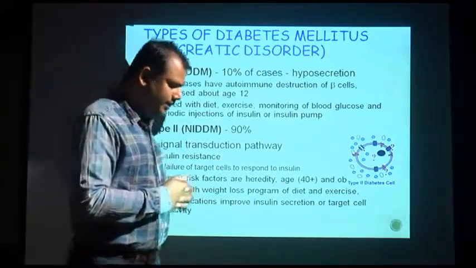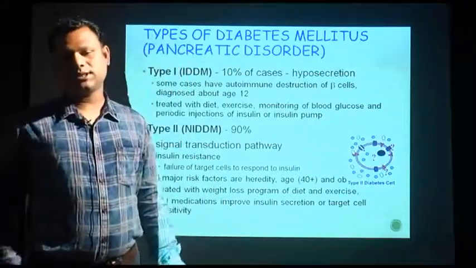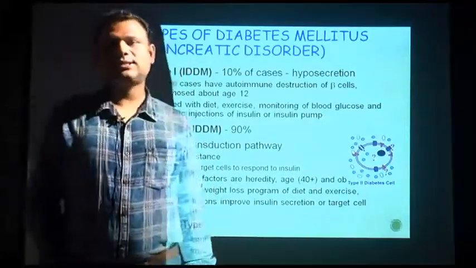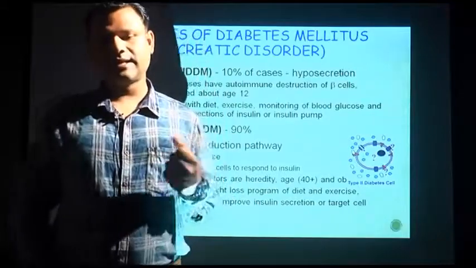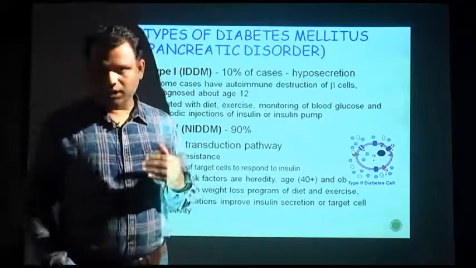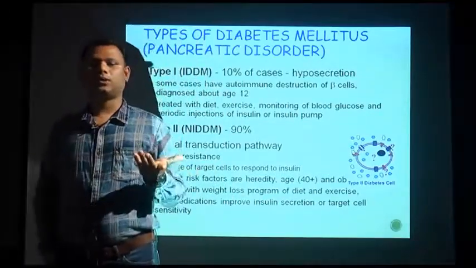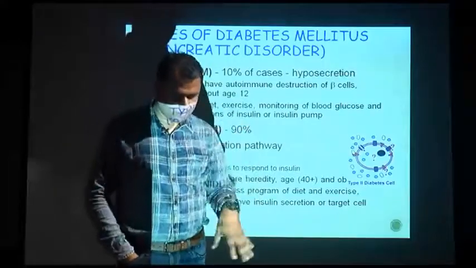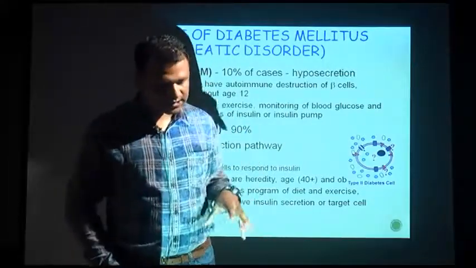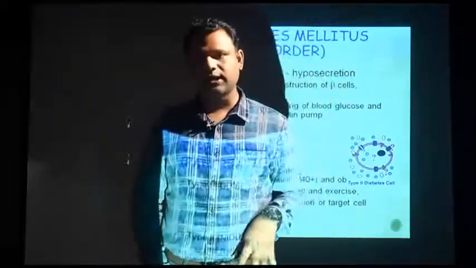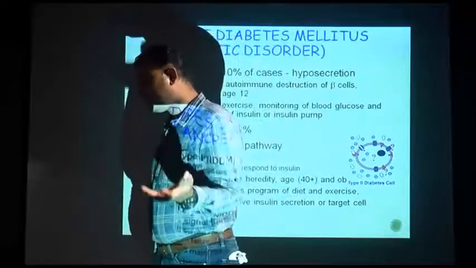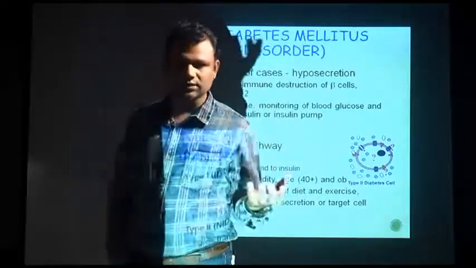Actually 90% of the population has this diabetes. This is a disorder in the signal transduction pathway. The body becomes resistant to insulin. So if insulin does not bind to the cell surface receptor, glucose will not enter the cell and ultimately ATP or energy will not be produced inside our cell.